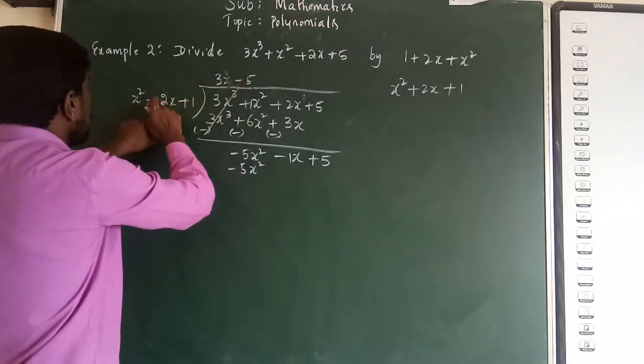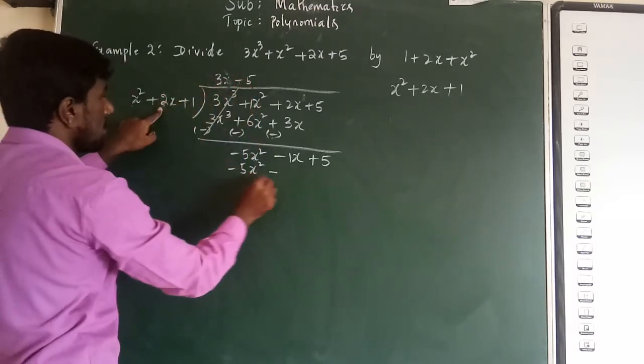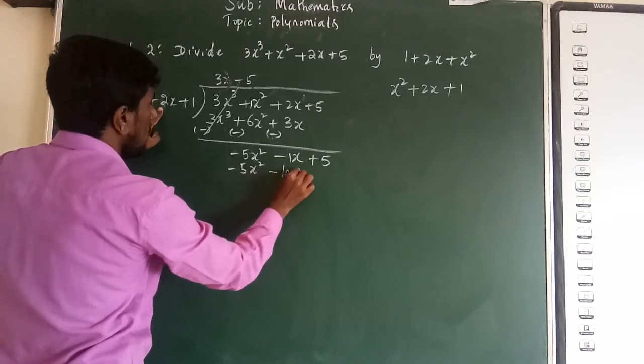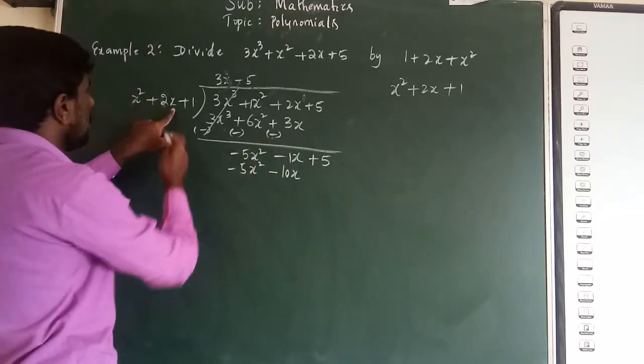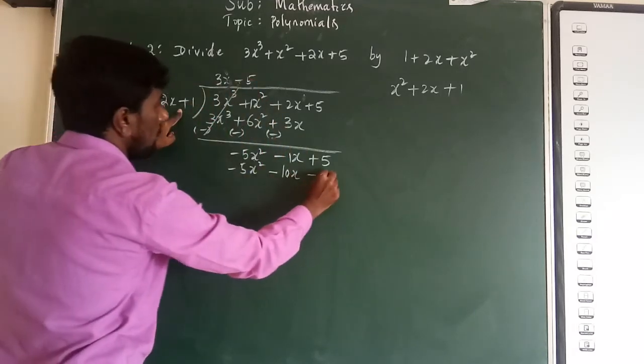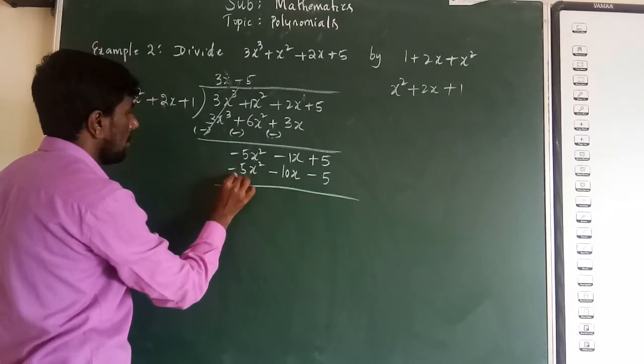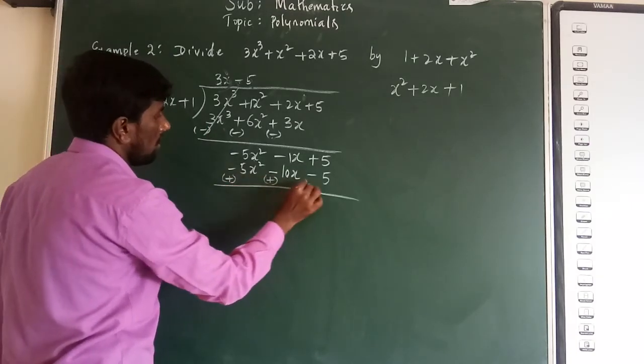Minus 5 into plus 2x, minus into plus, minus 5 into 2x, minus 10x. Then minus 5 into 1, minus 5. Clear? Now change the sign, change it to the opposite sign.